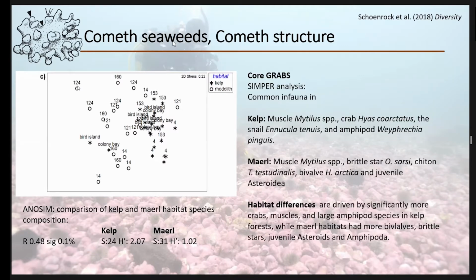And what you're seeing in these systems with kelp forests is a lot more mobile crustaceans in these cores, whereas with marl beds, you're seeing bivalves, juvenile echinoderms, so things like sea stars, urchins, brittle stars, a lot of chitons, so a lot of smaller organisms, juvenile organisms, and that might be important because worldwide marl beds are kind of known to be a rookery for fish and other invertebrate species.